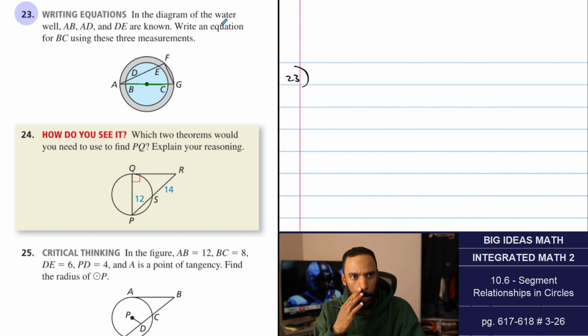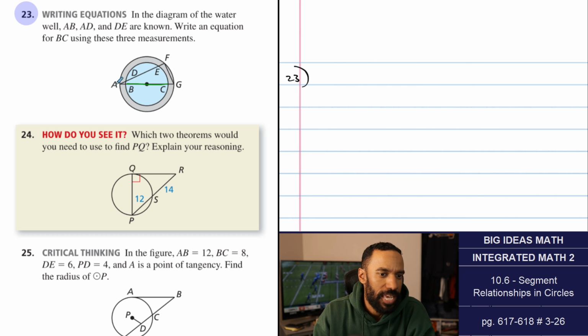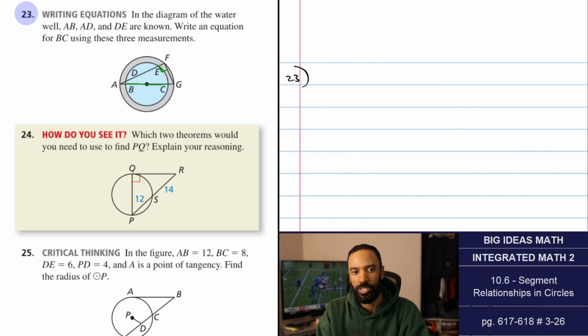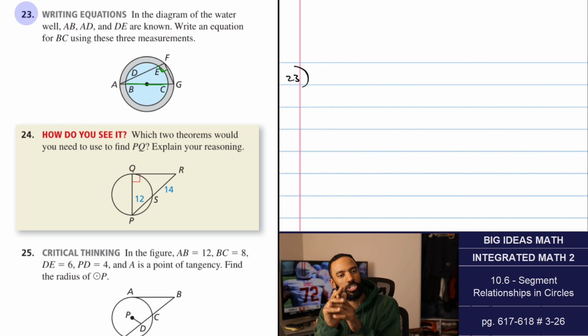Here's a diameter, which means this is an inscribed angle of 90 degrees. So measure of angle F is 90 degrees. AB, AD, and DE are known. Is there anything else that's intersecting? Is there anything in this current section outside of the 90-degree thing that I should know about? I don't know.